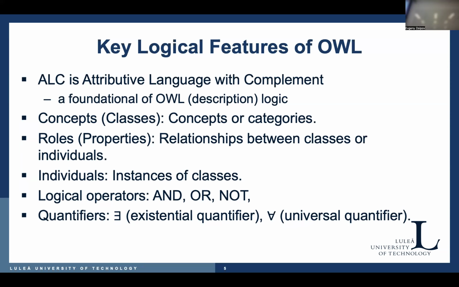These 3 logical operators and only these two quantifiers. So nothing more than that. And as you can see, you can do very limited types of inferences with this stuff.